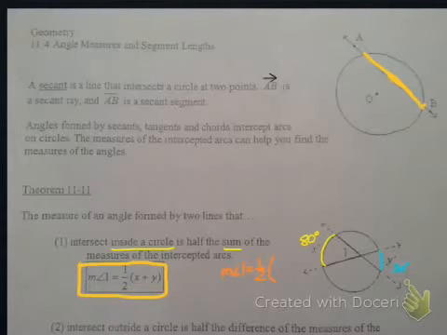Since we intersect inside the circle, we're going to take the sum. So 80 plus 30 is 110. We want half of 110, which is 55. So the measure of angle 1 is 55 degrees.